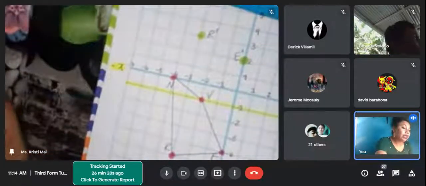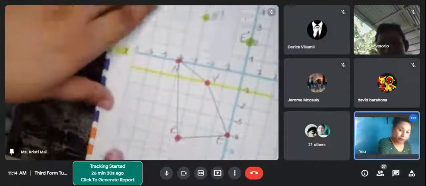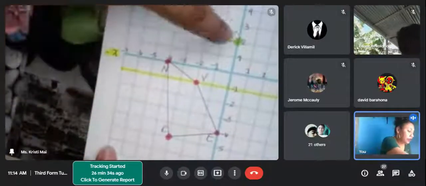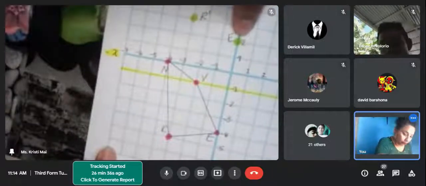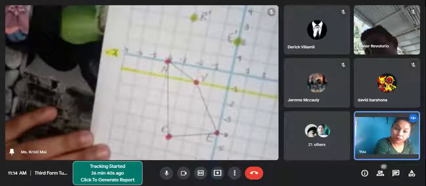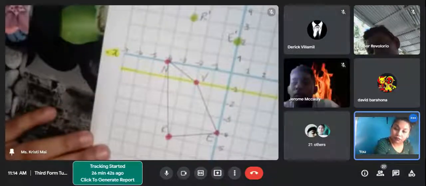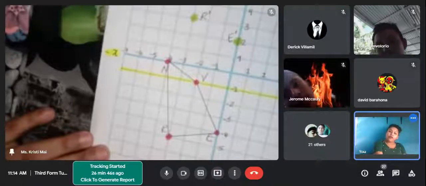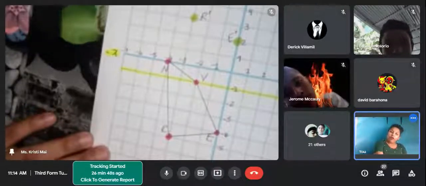What are the coordinates for this point?